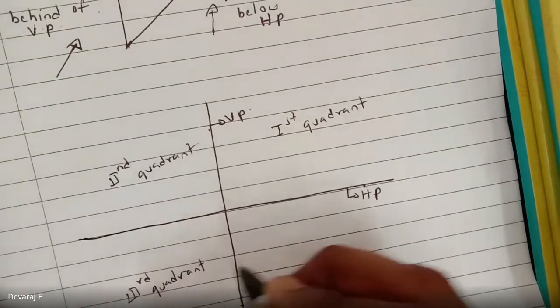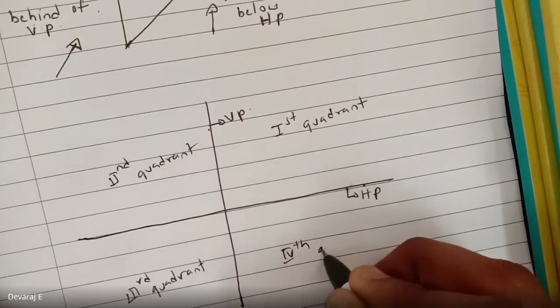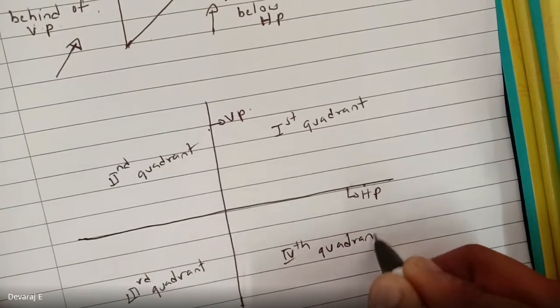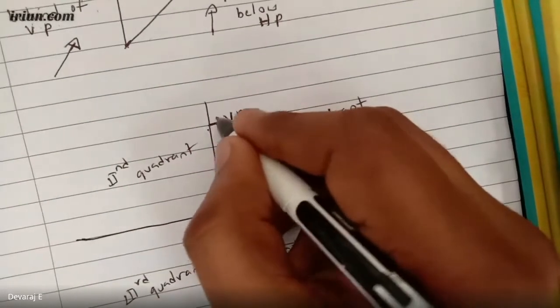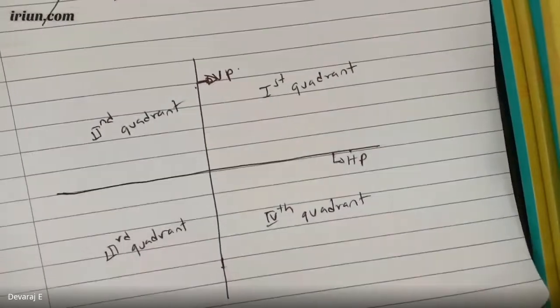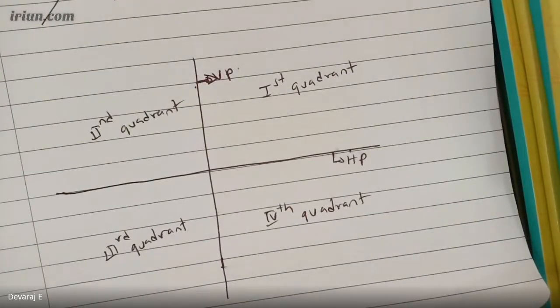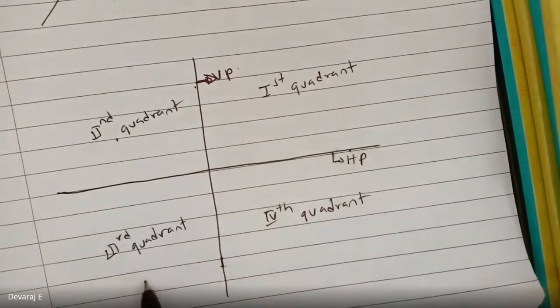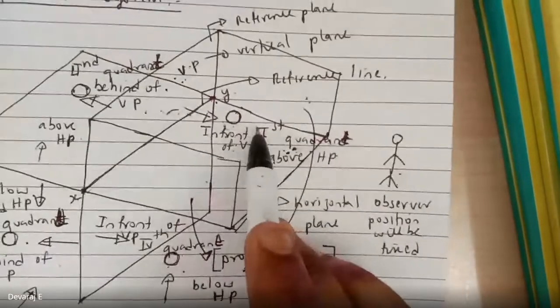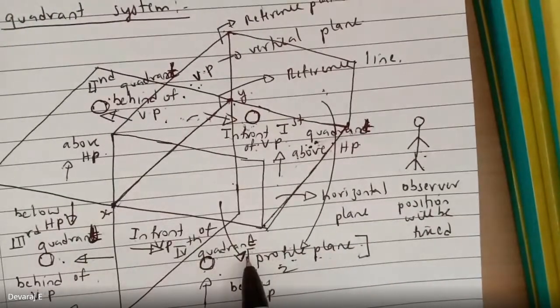And this is the fourth quadrant system, right? So, right, students? If anyone has any doubt till this, kindly ask me immediately. Say first, second, third, fourth.